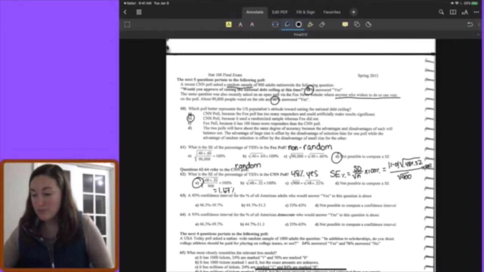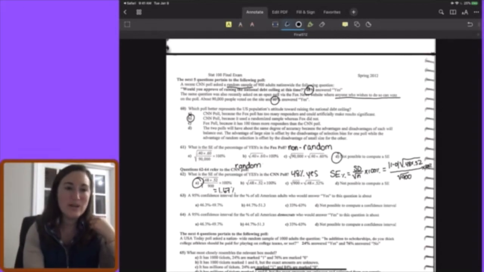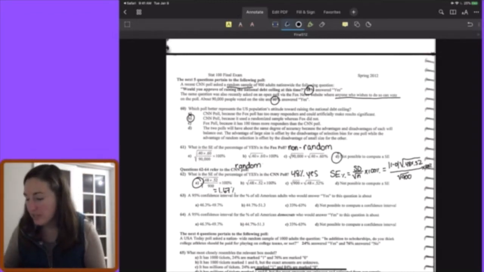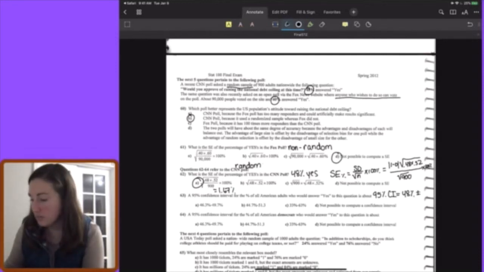That's going to come in handy in the next question. It says a 95% confidence interval for the percent of all American adults who would answer yes to this question is about what? So remember, confidence intervals tell us, basically, if we polled all US adults, we're 95% sure that the percent would be in that confidence interval. So a 95% confidence interval is really just taking our sample percent, which was 48%, and turning it into a range. So I'm going to add and subtract 2 standard errors.